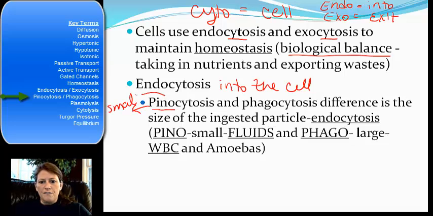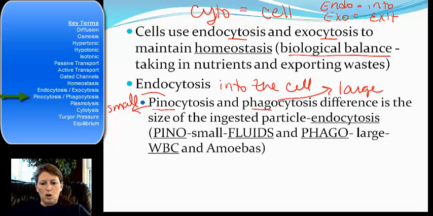Okay, and phago is anything that's large. So with endocytosis, if I have pino, that's small, that would be any fluids, so water, if it's brought into the cell, that's pinocytosis.